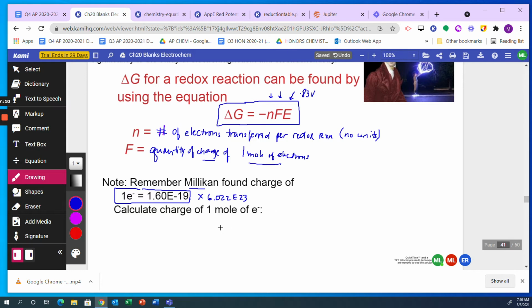When I calculated that, I plugged that in the calculator. With 3 sig figs, I got 96,400. And this is the unit of coulombs. Let me just write the units really quickly.